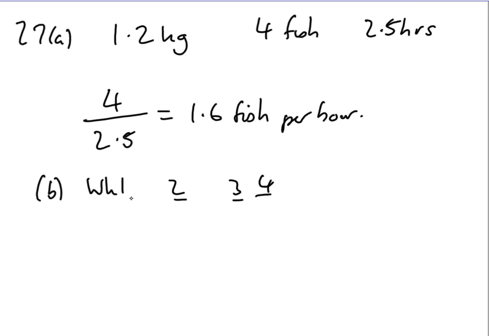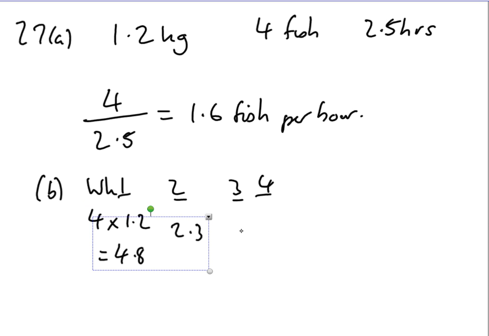And the way you do that is you do the number of fish times by the mean weight. So it's 4.8 in the first one, the second one would be 2.3. Third one it'd be 6 times 0.8, which gives 4.8. And then the final one would be 3 times 1.9, and that gives 5.7.